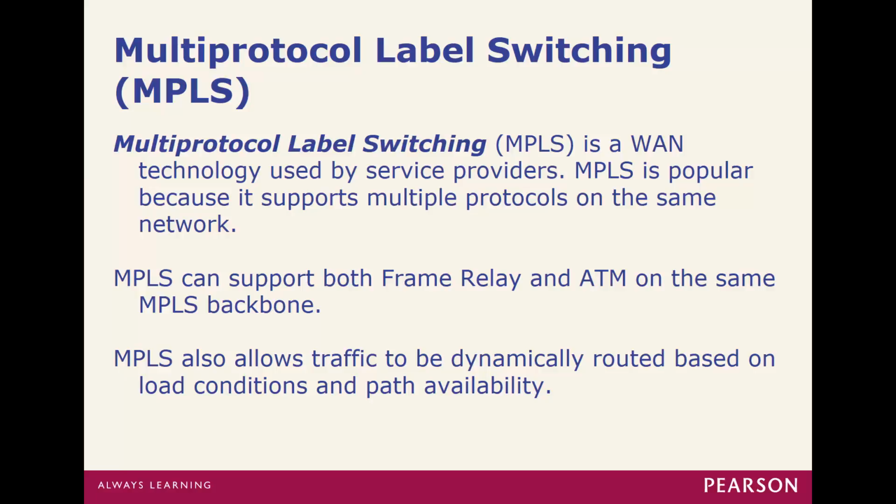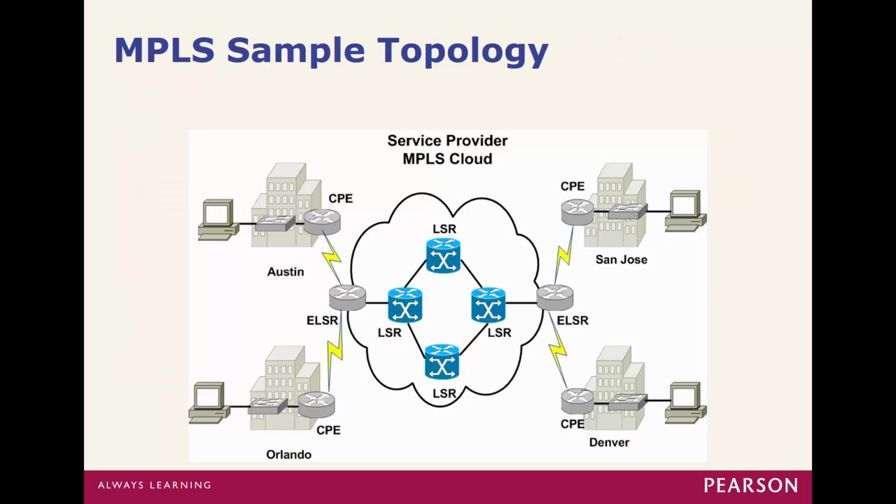It can support both frame relay and ATM on the same MPLS backbone. MPLS also allows traffic to be dynamically routed based on load condition and path availability, based off of specific labels. So basically, you label it and it is switched based off of those labels. That's a dumbed down version, but that's a big thing.